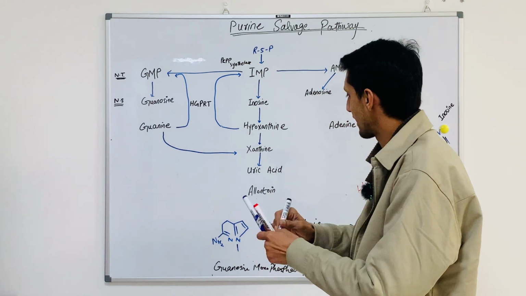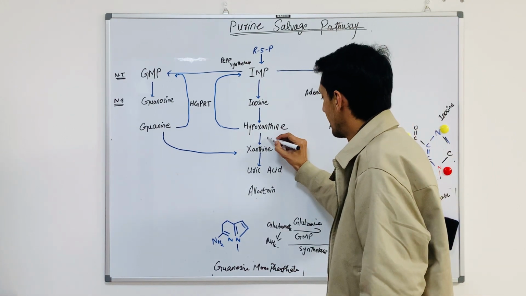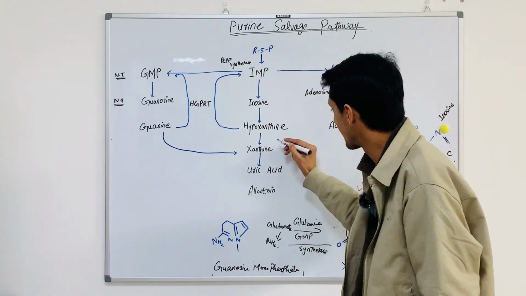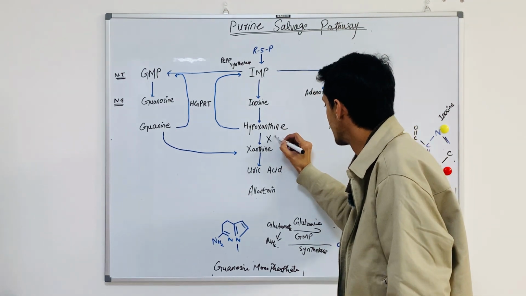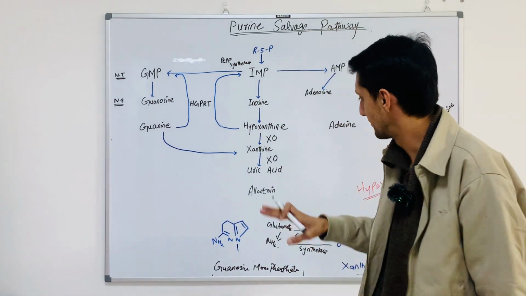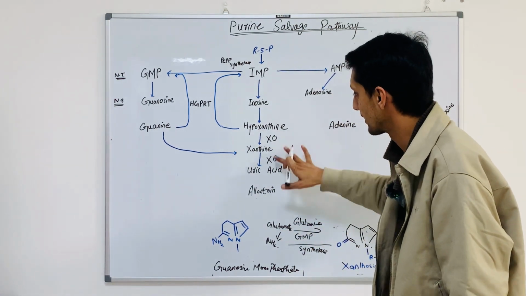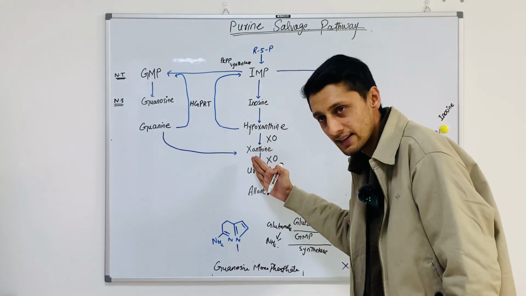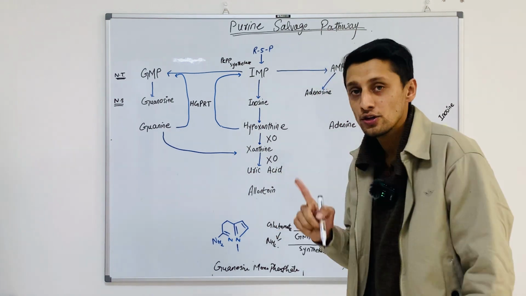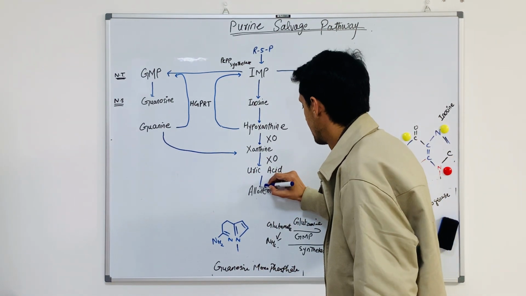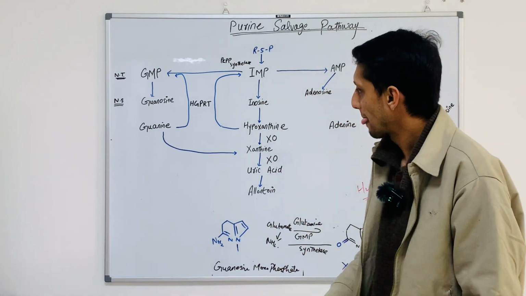The enzyme required here, to convert hypoxanthine to xanthine and from xanthine to uric acid, is xanthine oxidase. Keep it in mind. Xanthine oxidase is required for hypoxanthine to degrade into xanthine, and from xanthine to uric acid, and uric acid is further degraded into allantoin, right?